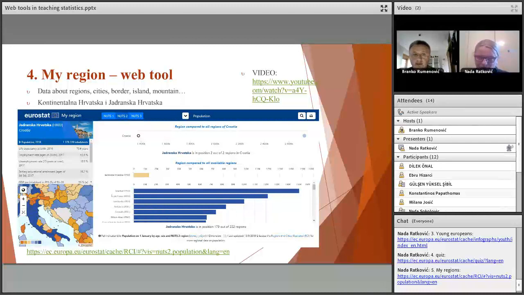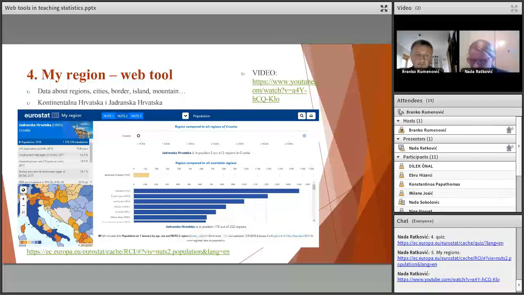For example, they can compare the Adriatic Croatia region and some region from Spain or Italy. It is a very, very interesting tool. You can find a lot of information for students who want to know more. Here you also have a link to a video where you can see information about this web tool.